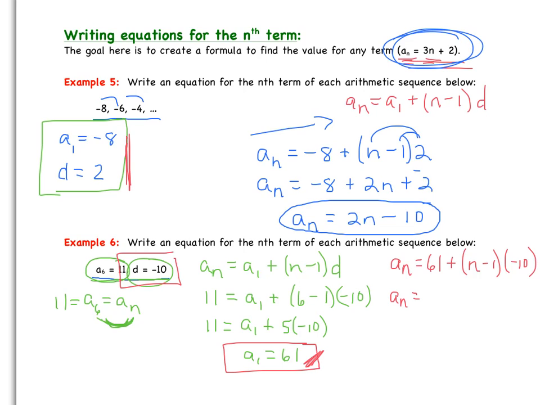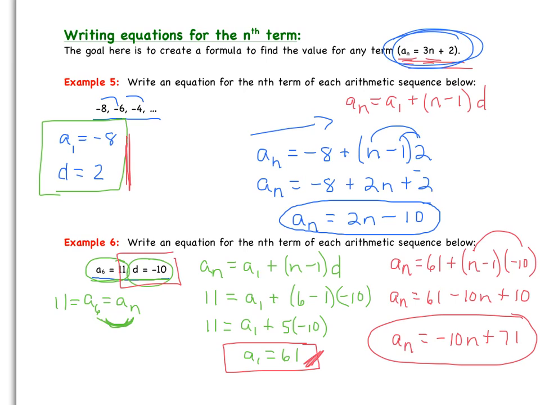So a sub n is equal to 61 minus 10n, if I distribute the negative 10, and then plus 10. Combining like terms, a sub n is equal to negative 10n plus 71. And there's my equation. I tend to always put the n value first and then our constant. So if you want to follow that lead, that would be great.